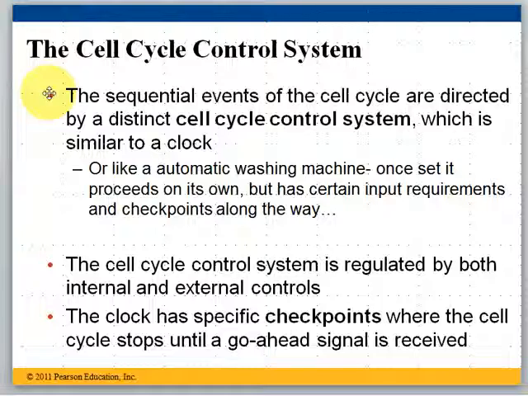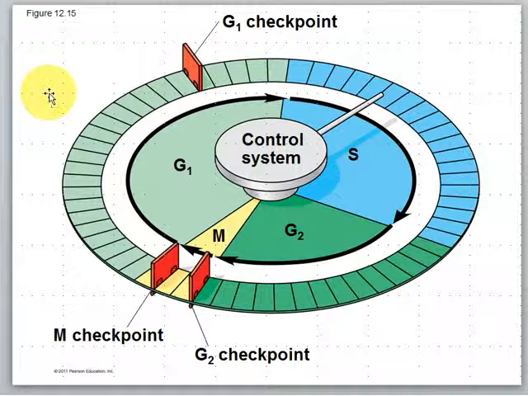It will probably stop right early on at the point where it needs water. Well, the cell control system works very similar to that. They have specific checkpoints along the way, and if there are certain conditions that are not satisfied, the cell will stop right at that point. And as a matter of fact, the way it usually works is the cell stops at the checkpoint until certain conditions are met and until it gets the signal to go ahead and proceed.